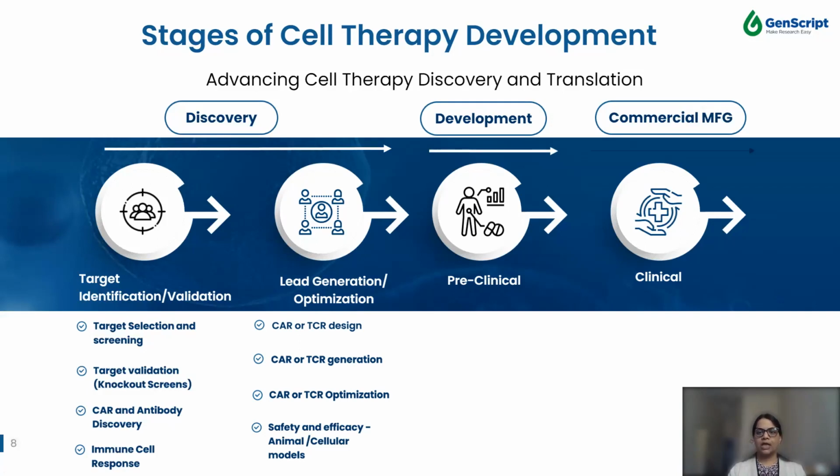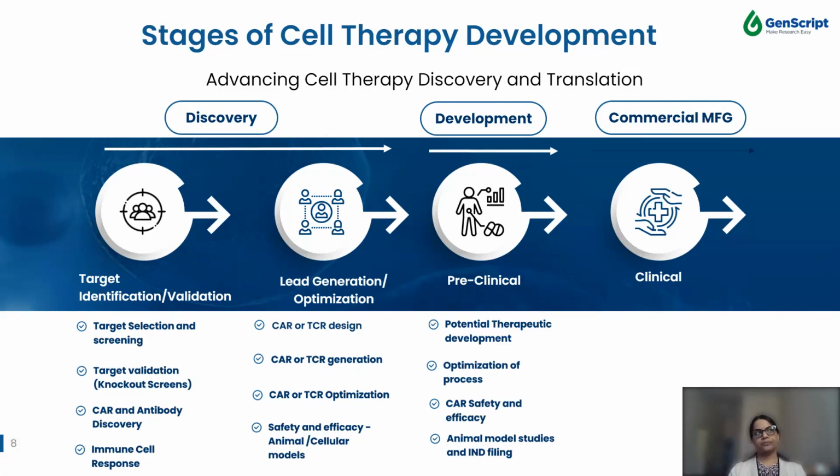Preclinical studies are then conducted using more complex animal models to evaluate the therapy's safety, efficacy, and potential side effects. And finally, numerous cell therapies can progress to clinical trials where their safety and efficacy are tested in human patients.